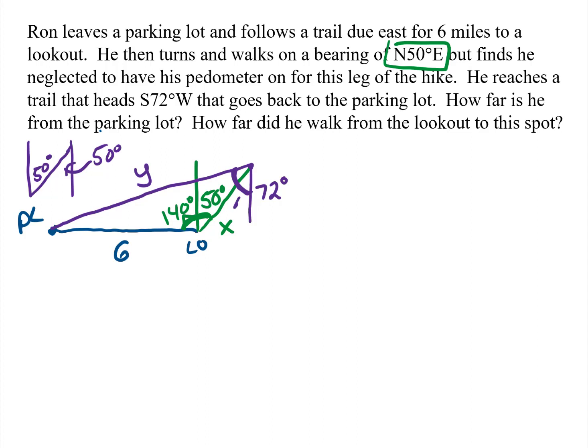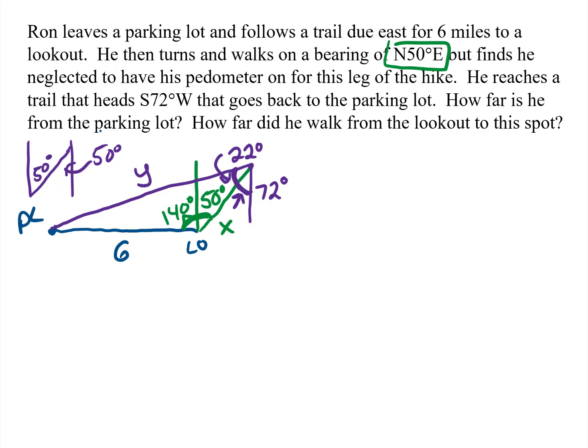So that means this little piece of the 72 degree angle is 50 degrees, which if we subtract leaves us the rest of the angle that's in the triangle, and that would be 22 degrees, the 72 minus the 50. So I have a triangle, and I have angle, angle, and side. I have a side of 6, the angle of 140, and the angle of 22.